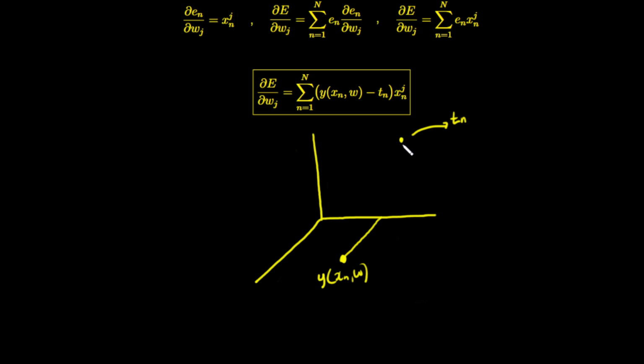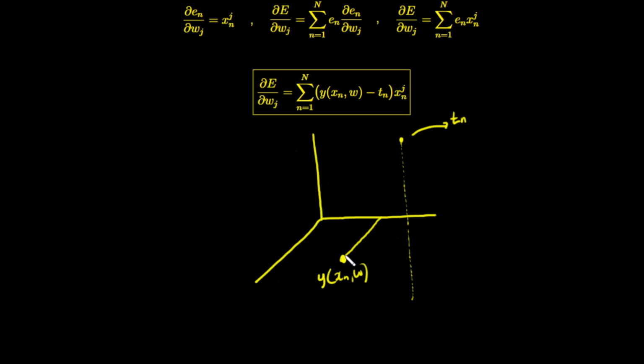But what we can do is we can take this and we can map it back down into this lower dimensional space. And we can be sure that we can do this because we can always just come back up along here to get back to where it started.